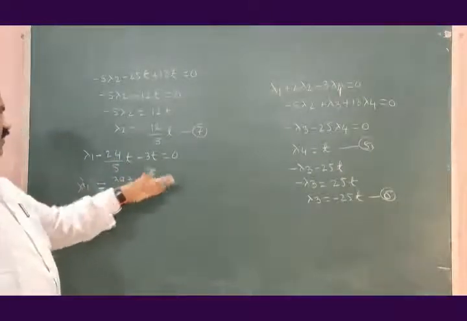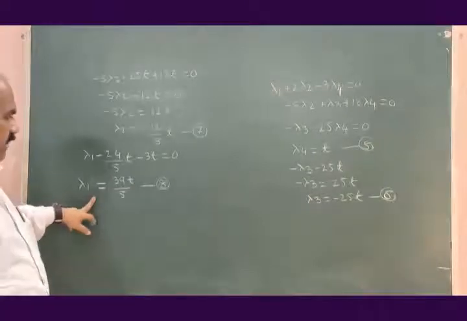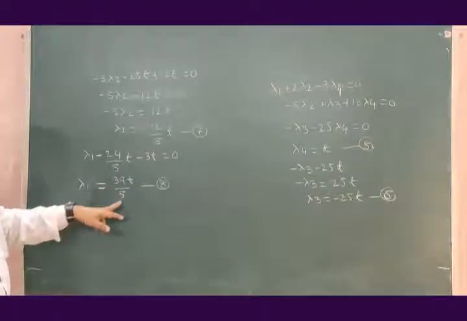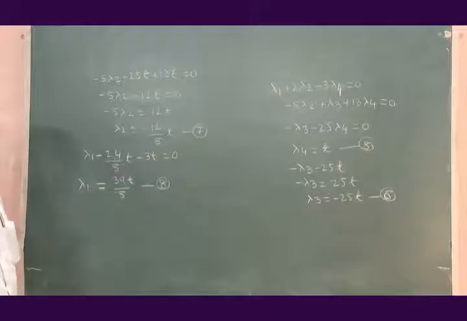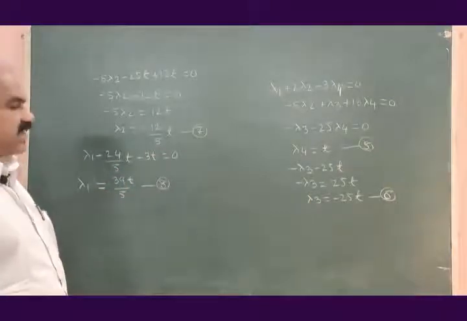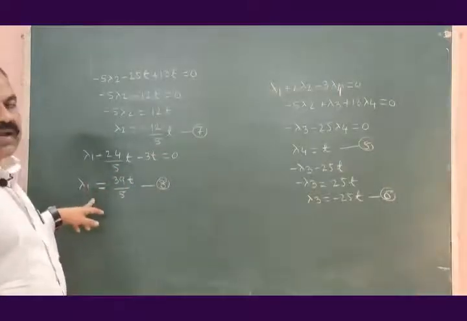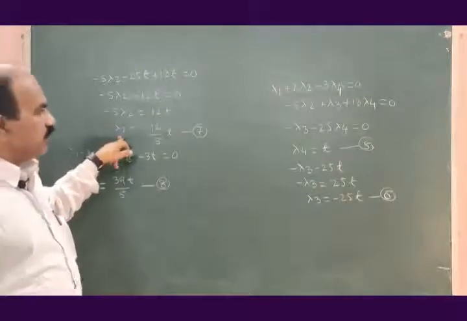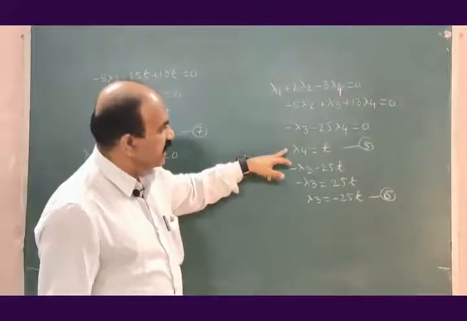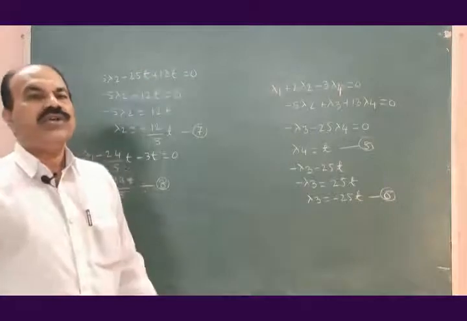When it is transferred to this side, we will have lambda 1 is equal to 39 divided by 5 into t, equation 8.